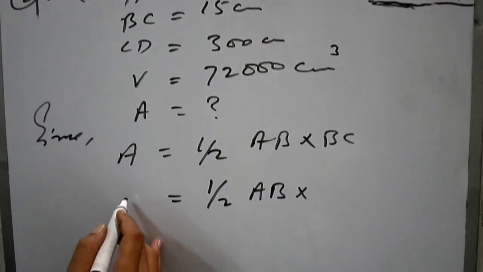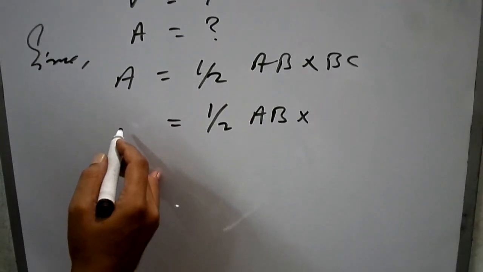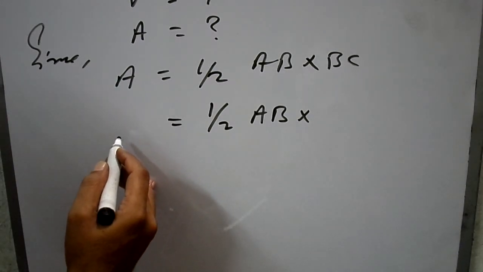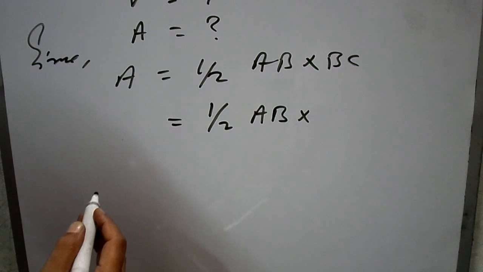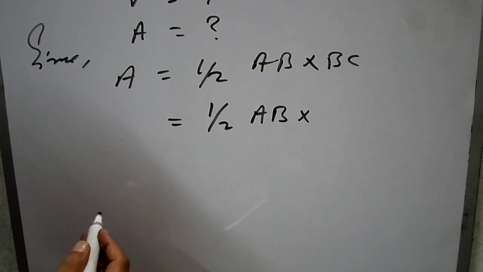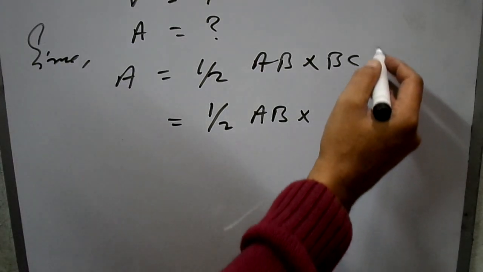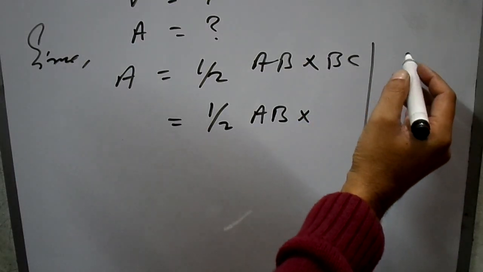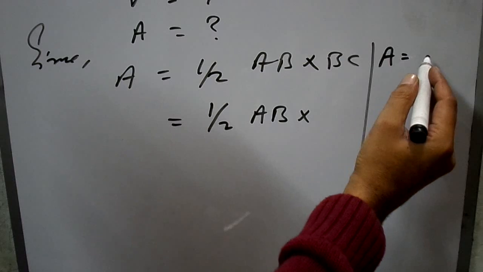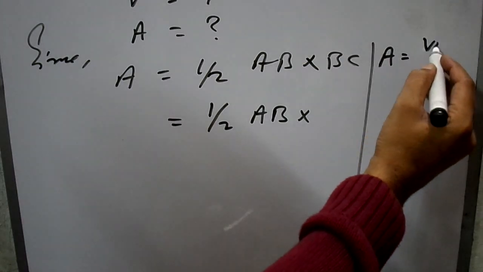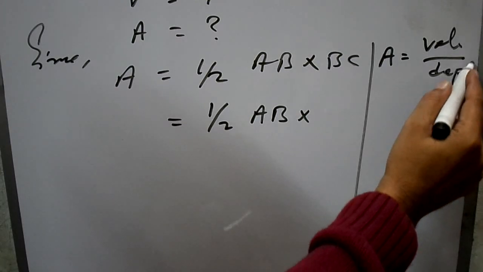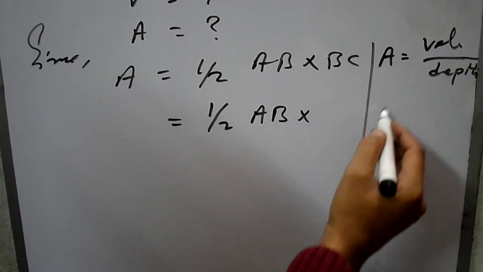The area is not given to us, only volume is given to us. How can you find the area? You can see here, area is equal to volume divided by depth. If these two things are given to you, you can find the area.